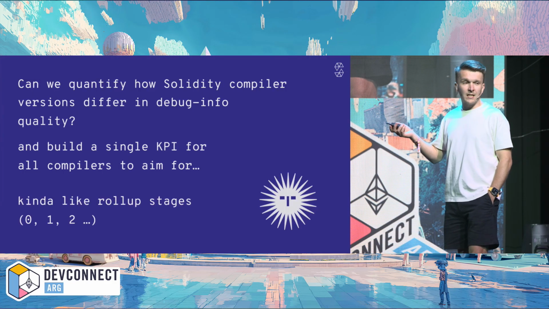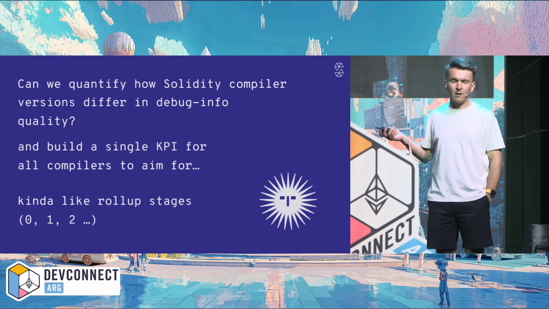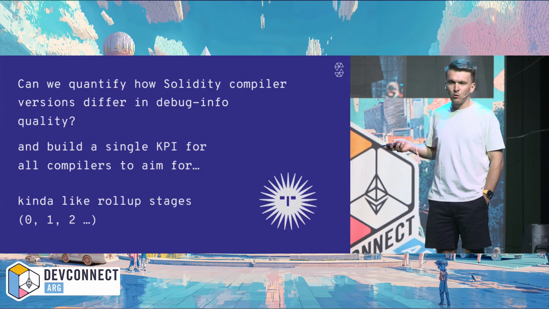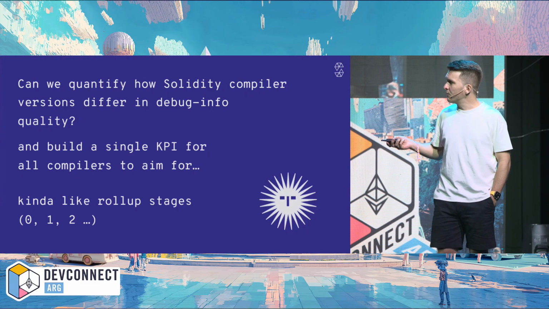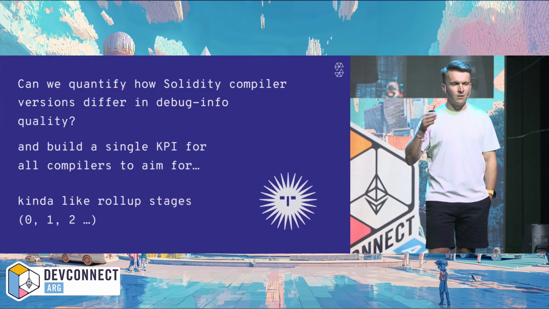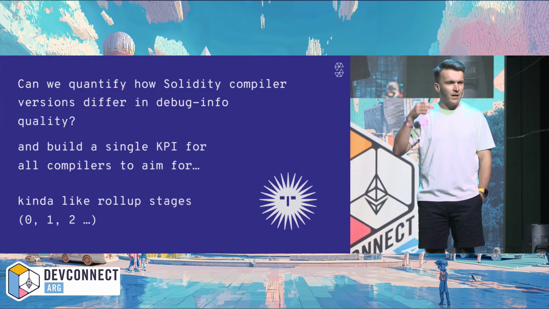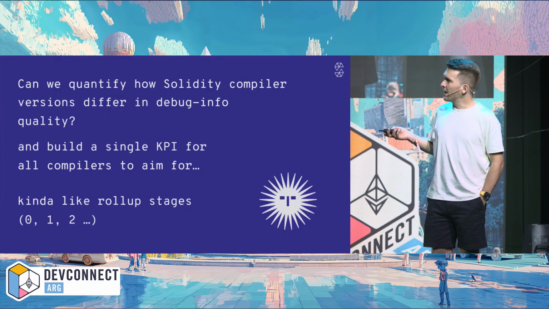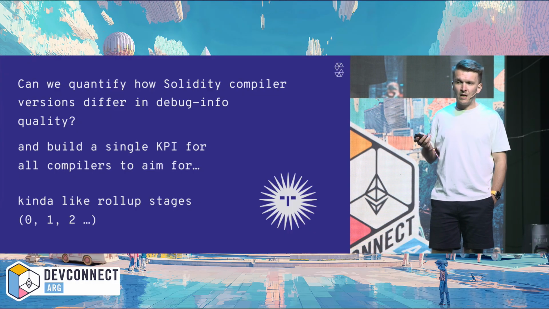Something similar to what we see in rollup stages, right? The L2Beat team came up with really nice simple numbers, 0, 1, 2, so that all of the rollups can aim for the same goal. So it would be nice to have something like that for ETHDebug.